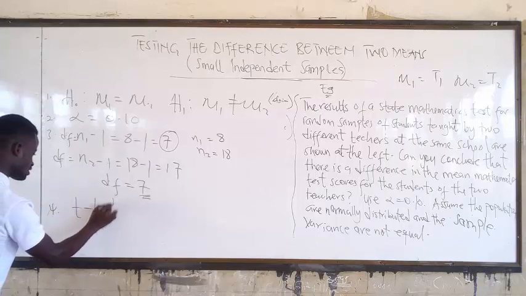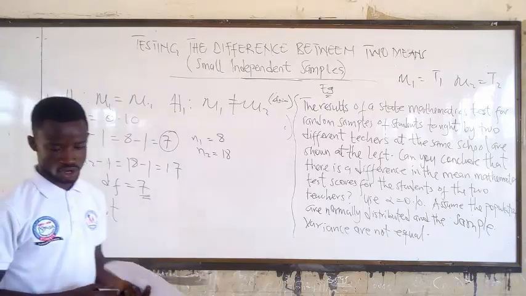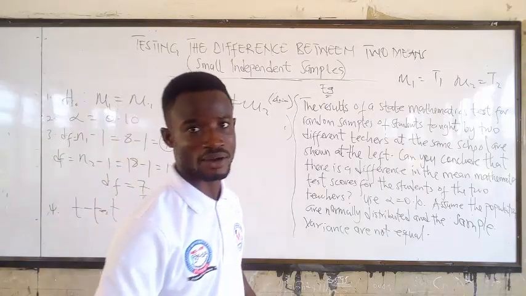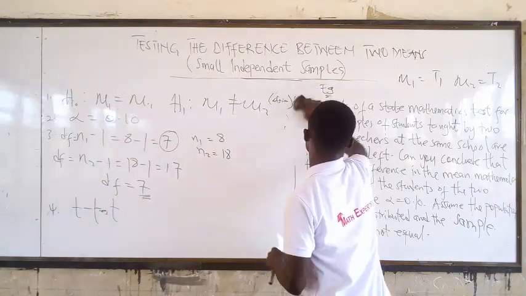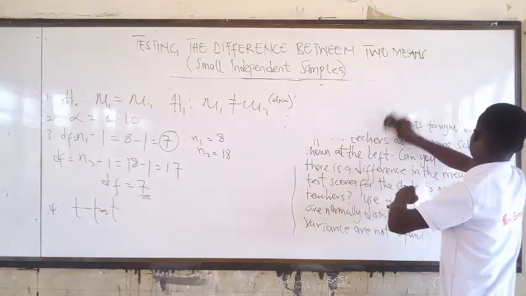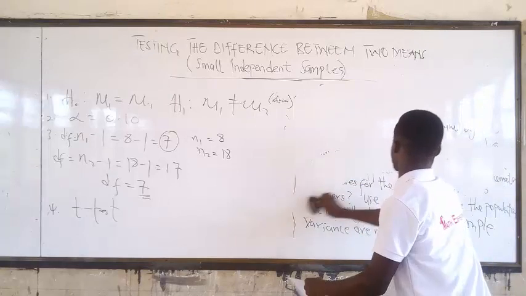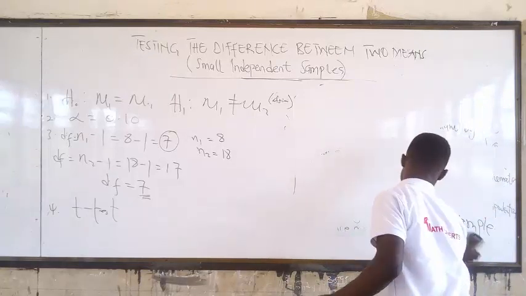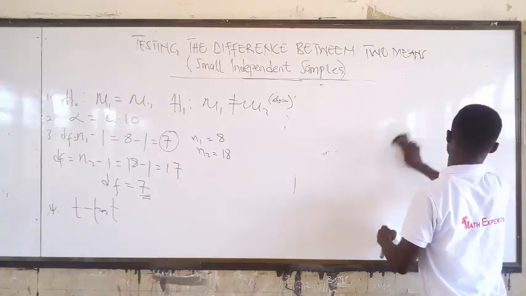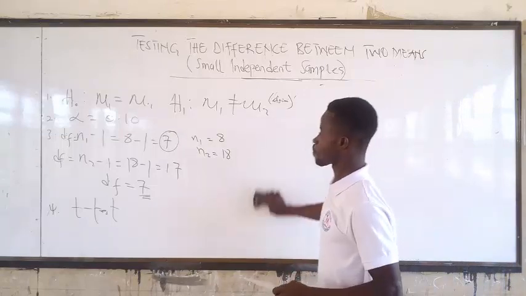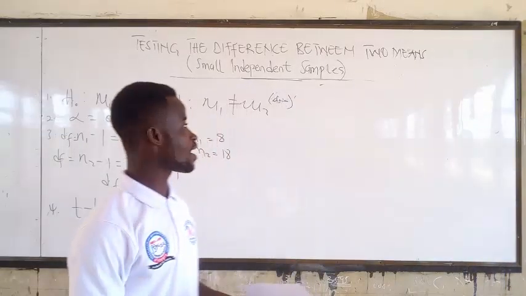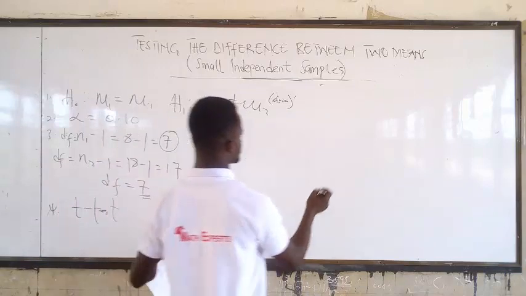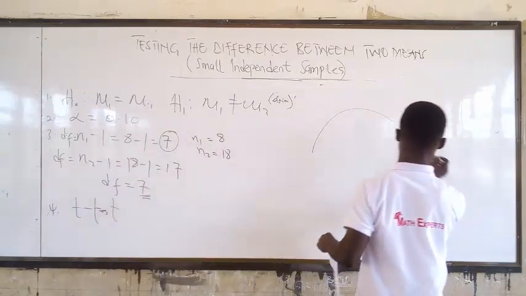The t-test. Alright, so here we are going to draw our normal distribution there. We read from our table. Alright, so all that we are going to do here is draw our normal distribution.